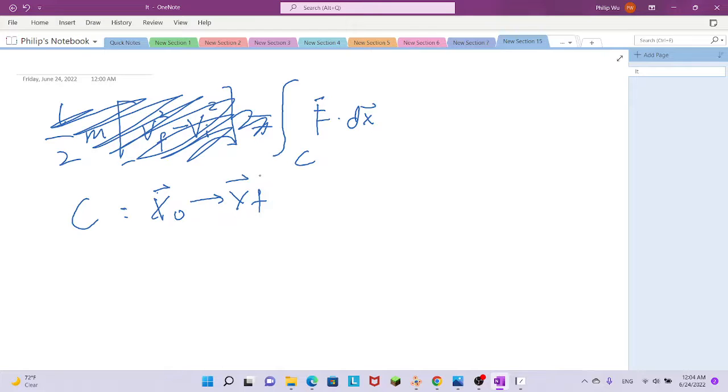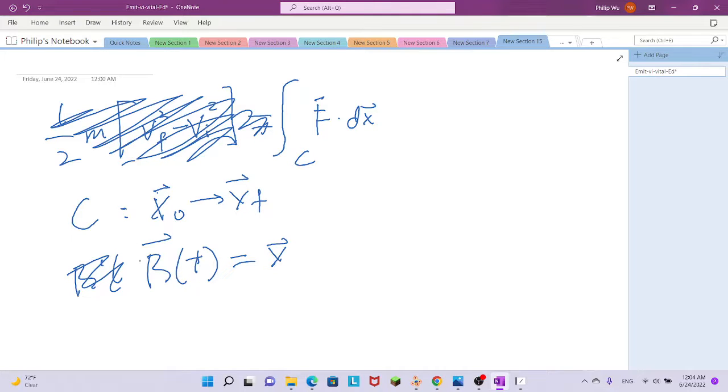So now let's assume that our path is smooth, it's continuous. It has to be smooth, or else it wouldn't make any physical sense. So since that's the case, we can parameterize C. And what that means is that there exists some function r of t, a vector quantity, that we can take to be our position vector for any t.